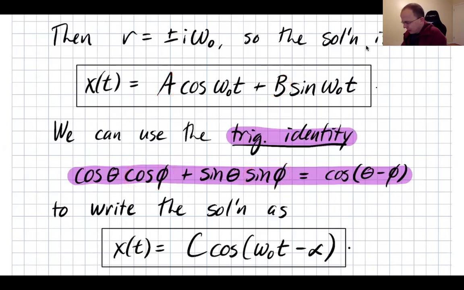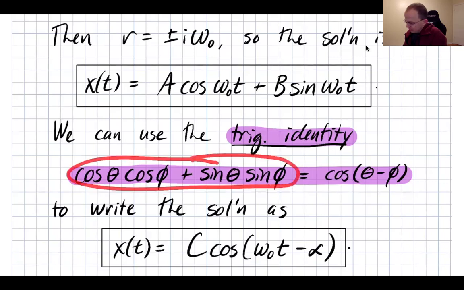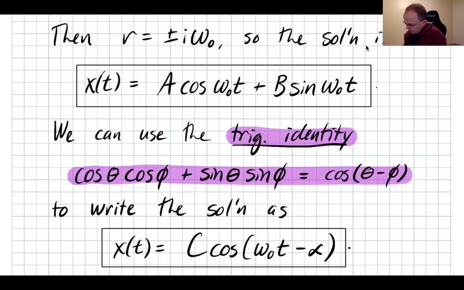Well, not exactly. So I guess we do have to make one change before we can make that identification. Okay, but then after we have this written in a form like this, then we'll be able to replace this cosine sine expression with a single cosine function, and we'll get this.